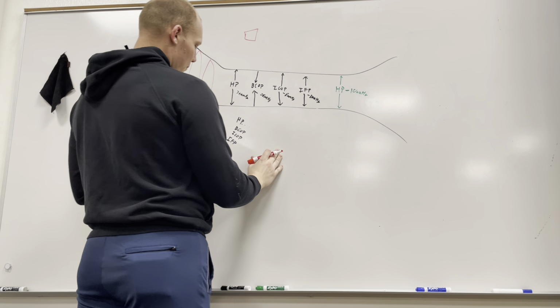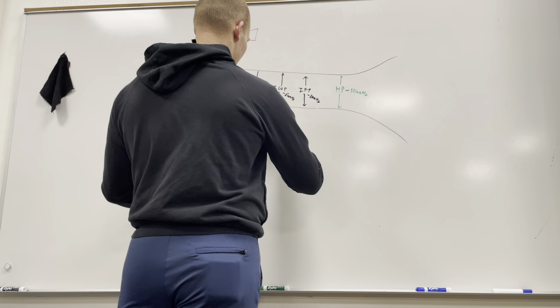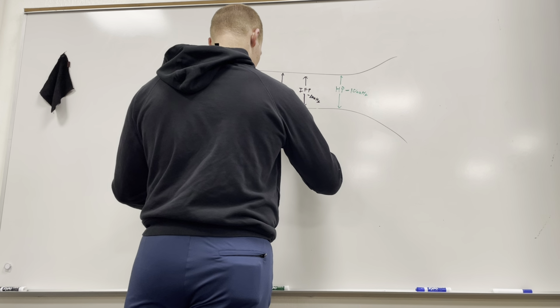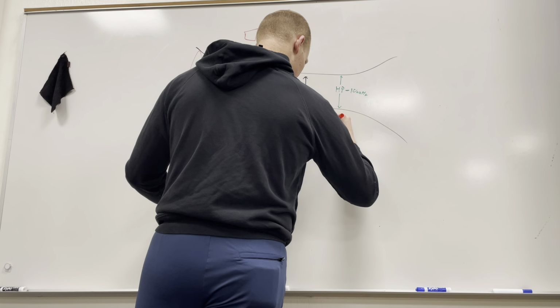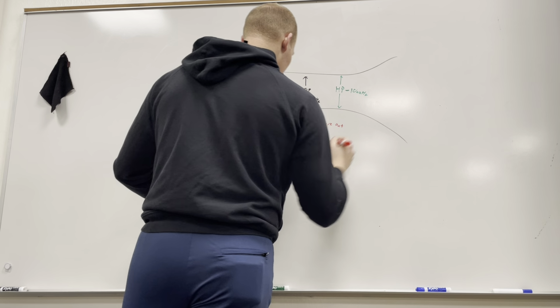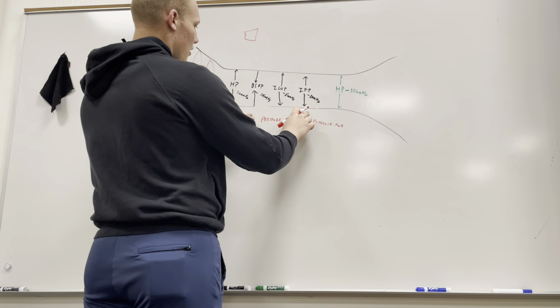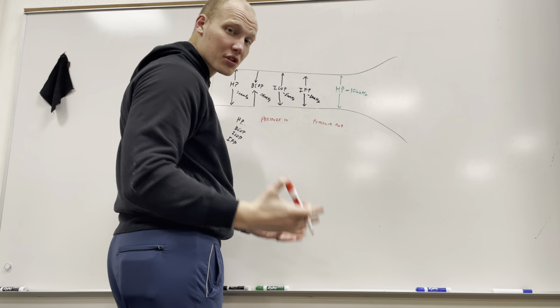So if we want to know which way fluid is going to flow, we can make a little chart. We have pressure in and pressure out. So pressure in, if we look at all of these right here, we only have the beak off that's actively having pressure to bring stuff in.